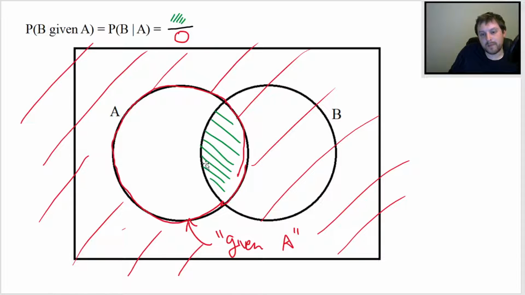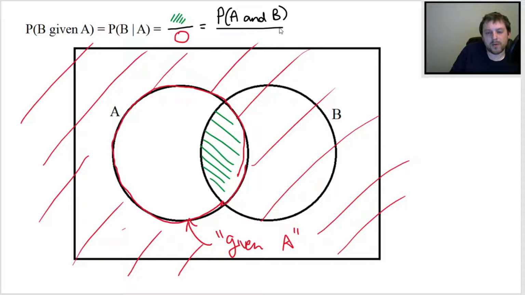This green part is the part of the B circle which is still around after we know that A has happened, after we zoom in on A and ignore the rest of the Venn diagram. And so if I want to know what the probability of B is given that A has happened, I should be interested in this part out of the A circle, because it's a proportion. But this green part, well, we know what this is. This is the probability of A and B. It's the middle part, isn't it?